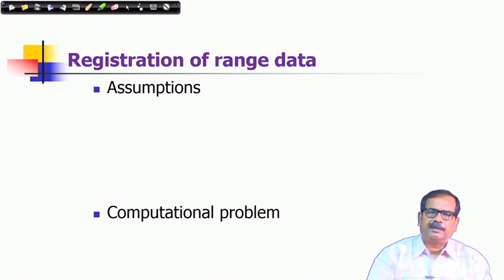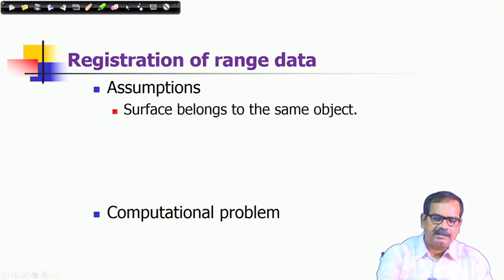We know the registration problem: if I give you two images related by a certain transformation, we need to compute that transformation so that you can obtain one image from the other by applying it. In range data also, we may consider that the data has been captured from different views. They are related by the corresponding coordinate transformations between these two views, and that is a kind of rigid body transformation.